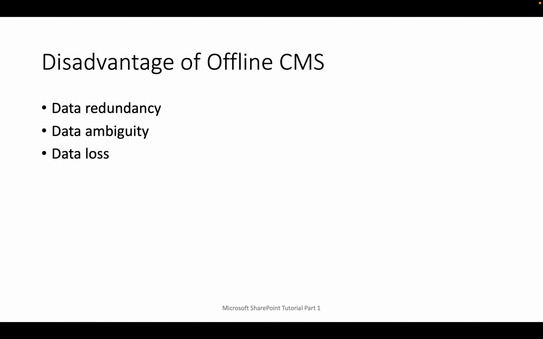Suppose the network path or shared path gets deleted accidentally, then data recovery is the most difficult part in an offline CMS. And suppose you manage to recover that offline storage, then finding the correct version of the file is also a very challenging part.